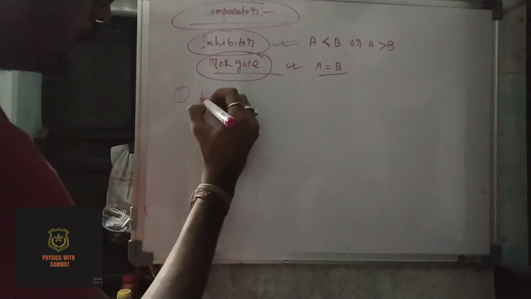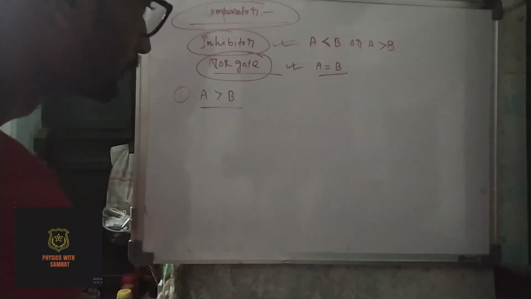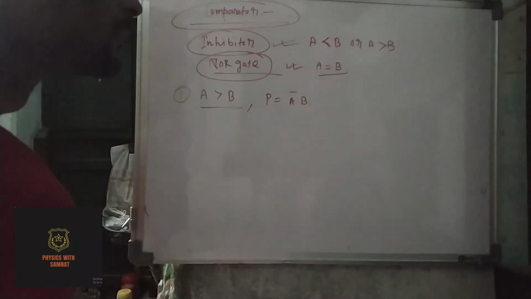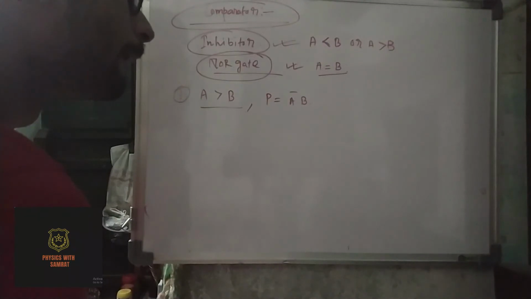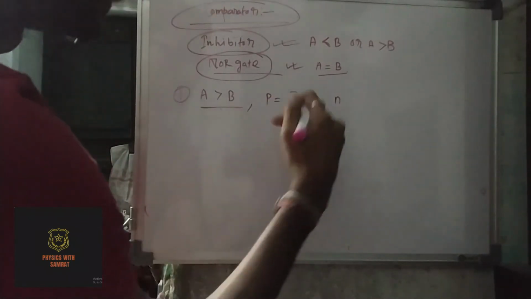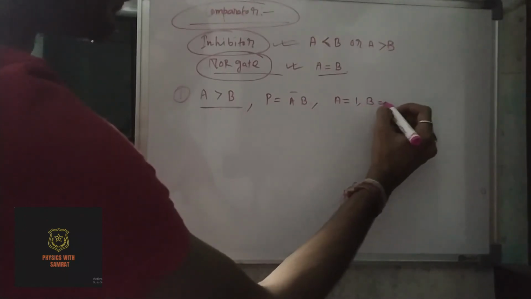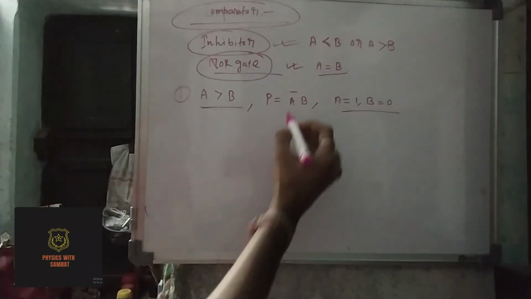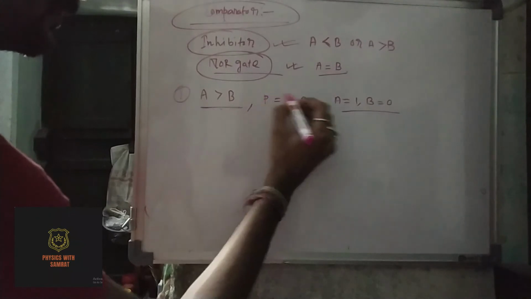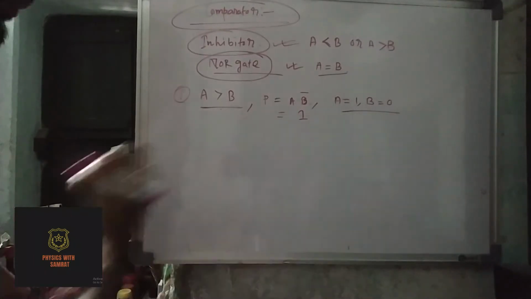So the first point is when A is greater than B. P is equal to A B bar. Let's check. What do you mean by A greater than B? A is 1, B is 0. So we get A B bar, because only then we get the one output.